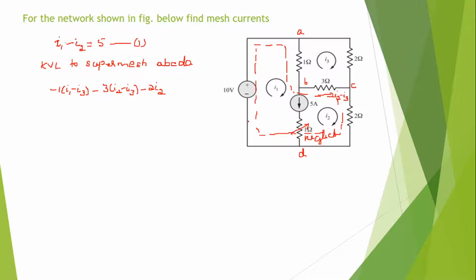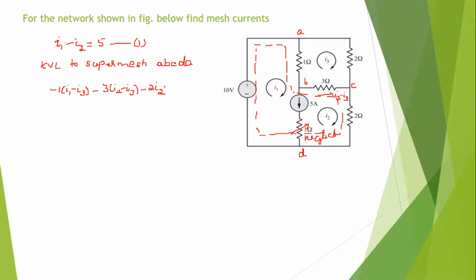Now coming to D to A. In this branch D to A, there is an ideal voltage source, and this voltage is rising in the path. Tracing D to A, this voltage rises from negative potential to positive potential.